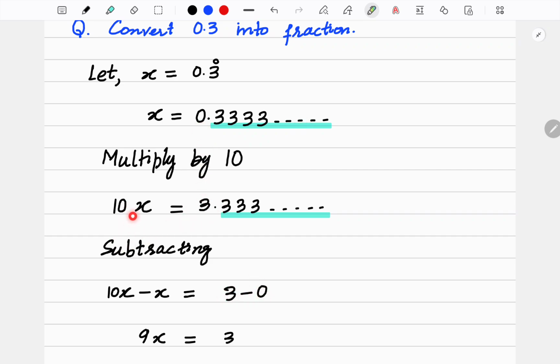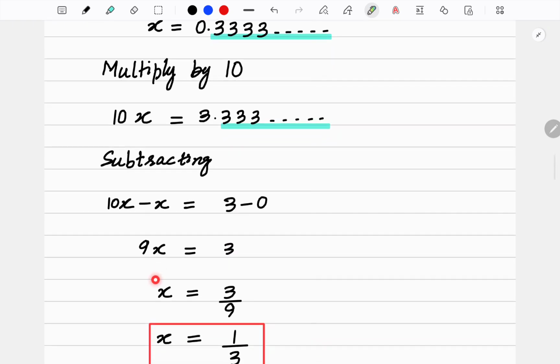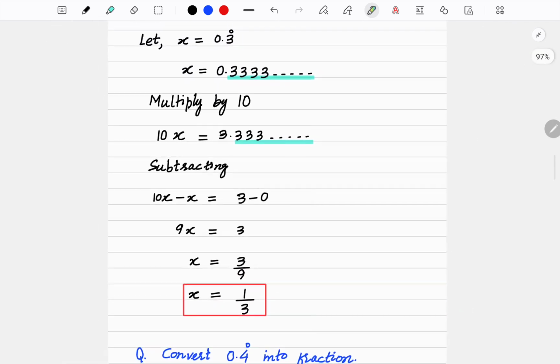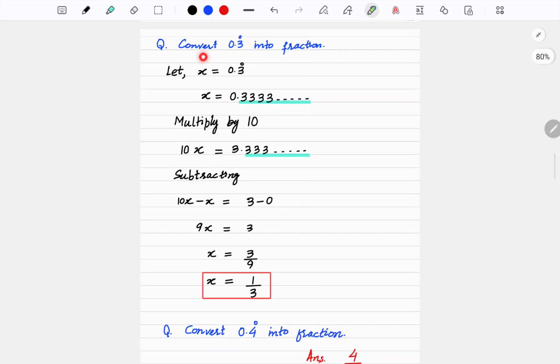So 10x minus x is 9x and 3 minus 0 is 3. In the next step we divide by 9, so 3 by 9 is 1 by 3. Like this we can convert 0.3 recurring into a fraction, and the answer is x equals 1 by 3.